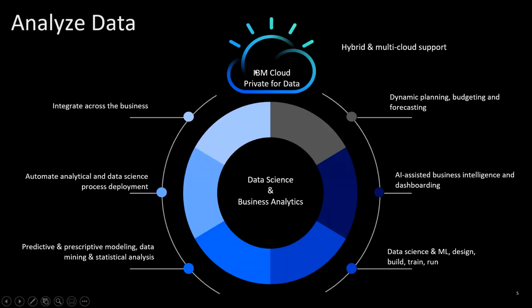Analyze data. One thing that you see here is IBM Cloud Private for Data. It's actually been renamed now Cloud Pak for Data. You're probably going to be seeing that a lot. That's IBM's newest offering. One thing IBM is known for is they have a product for anything and everything involving data. So extracting data, transforming it, loading into different data warehouses, putting your analytics on top like Cognos Analytics, SPSS, Jupyter Notebooks, anything and everything.